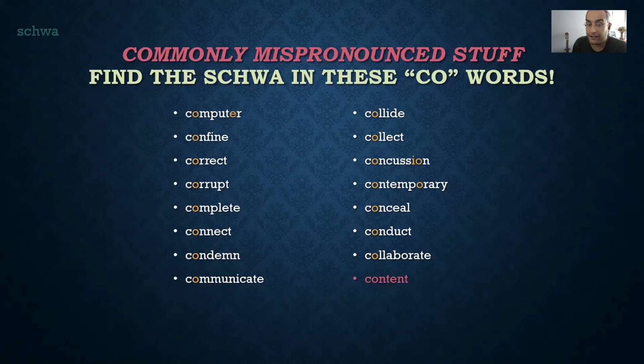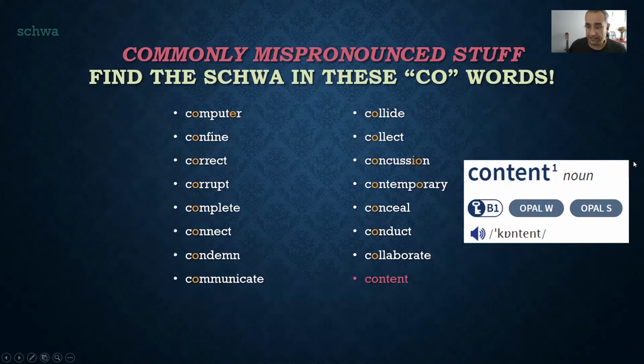Not "com," not "con." Most people just say collect, connect, communicate, confine, computer. When you start with that weak syllable, the rest of the word will sound much stronger, and that's very important.